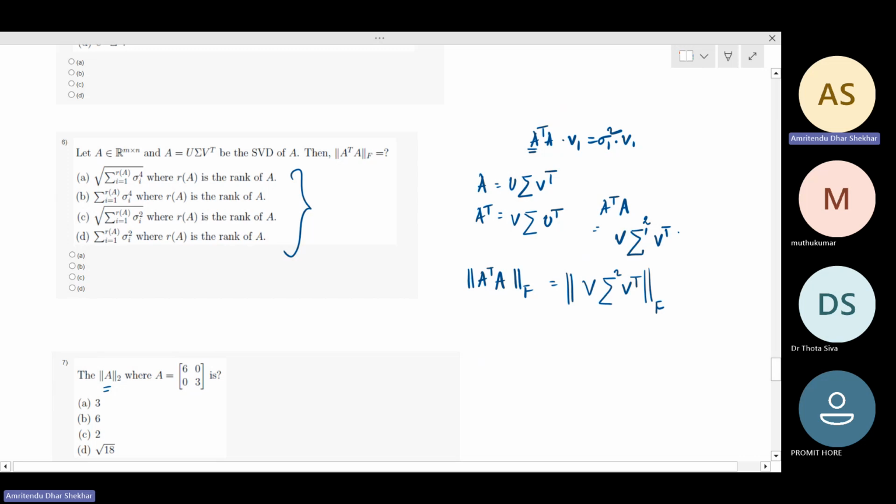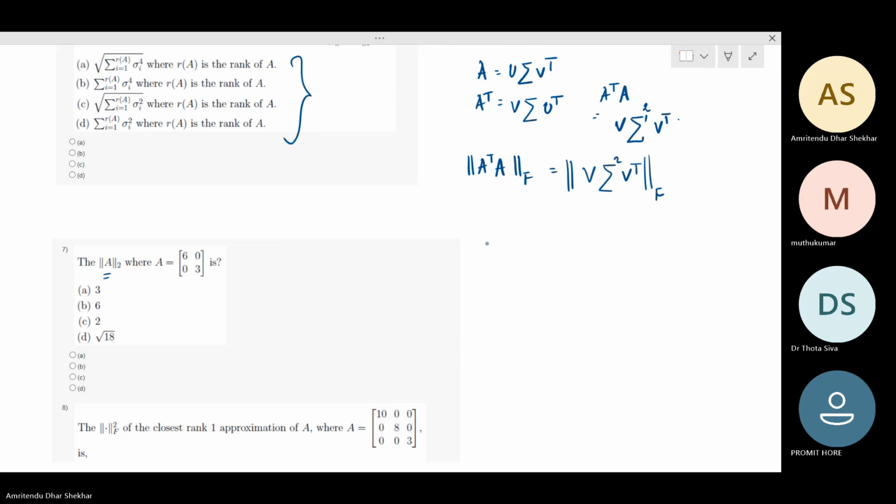Now, the Frobenius norm does not change if you multiply the two sides with V and V transpose, because the Frobenius norm is defined as a trace.